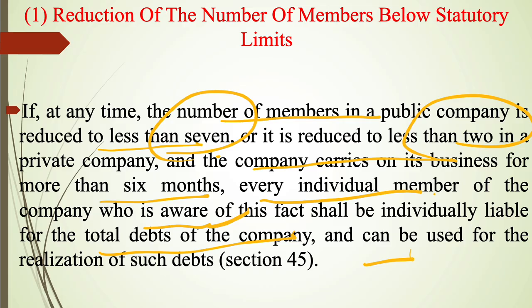So if the number of members goes below the prescribed number, in this case each individual member, in the case of a public company as well as a private company, is responsible for this act and also responsible for all the debts of the company itself.